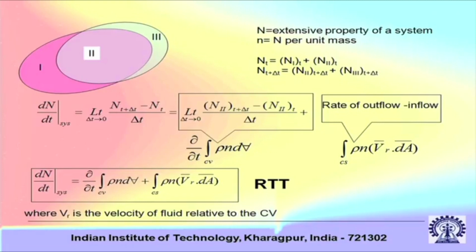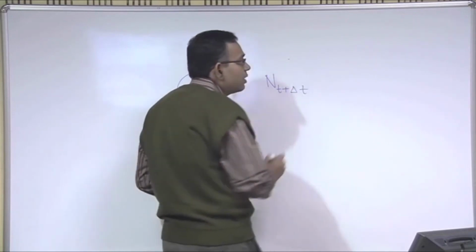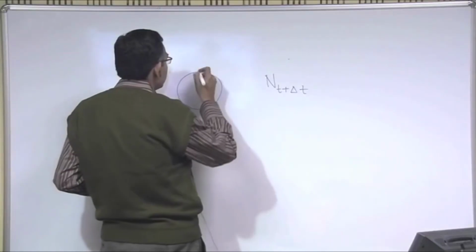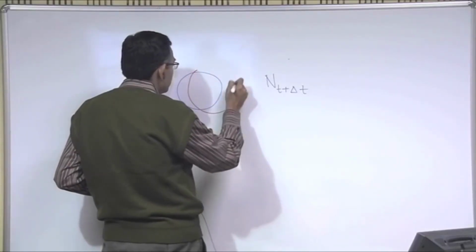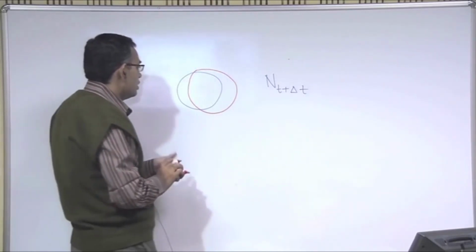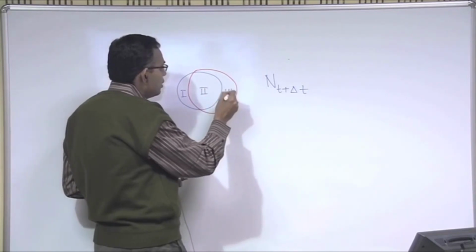Now, what is N at t plus delta t? Let us write this on the board maybe to explain it better. So, we have a configuration, this is 1, this is 2 and this is 3.